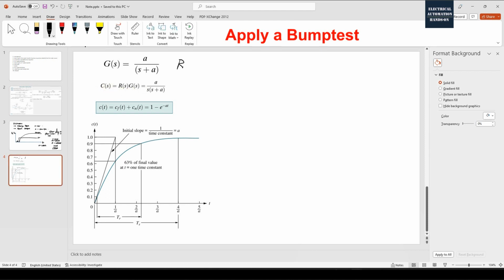So a unit step signal, this is the step input signal, okay? And then the response signal is this. Once we transfer this from the S domain to the time domain, this is the output response equation.